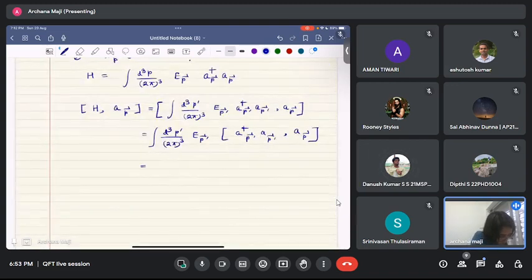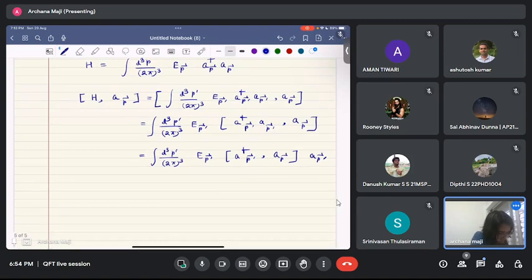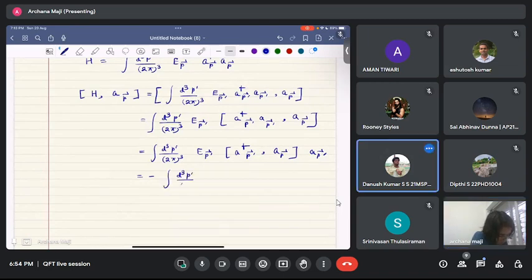So you will get minus 2 pi cubed delta 3 of p minus p prime, that commutator.